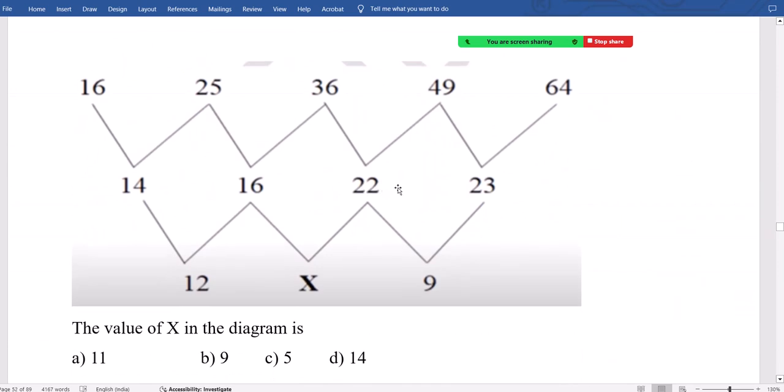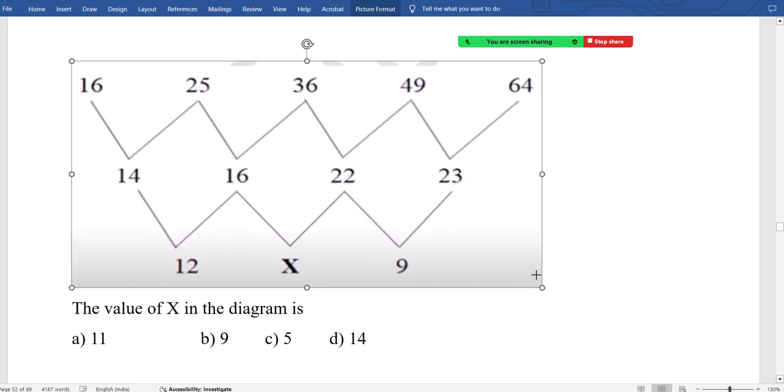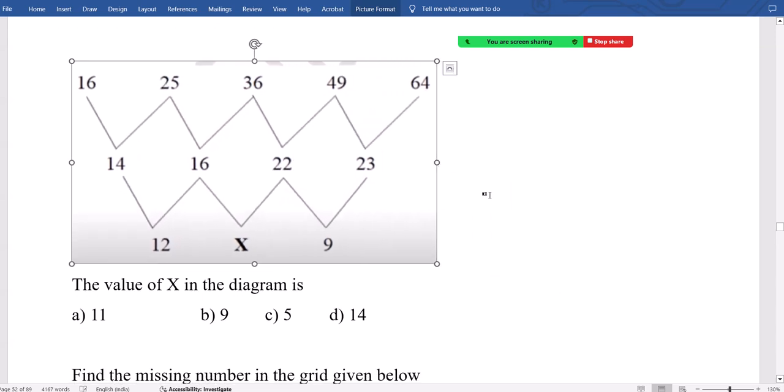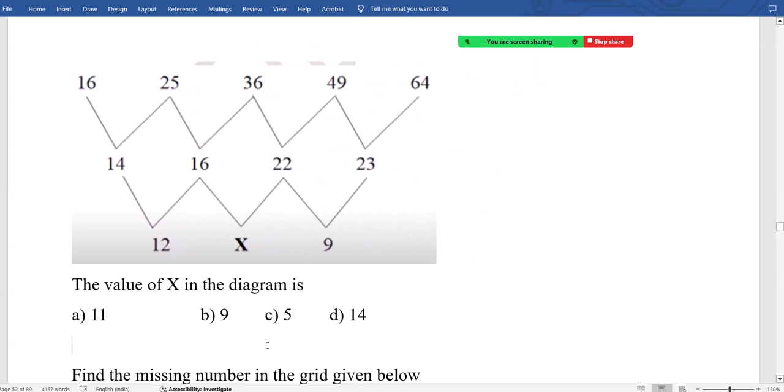Now this question, it is also kept in the booklet or maybe that PDF, what I mean to claim. What about this question answer? 16, 25, 36, 49, 64, below 14, 16, 22, 23, 12, x, 9.